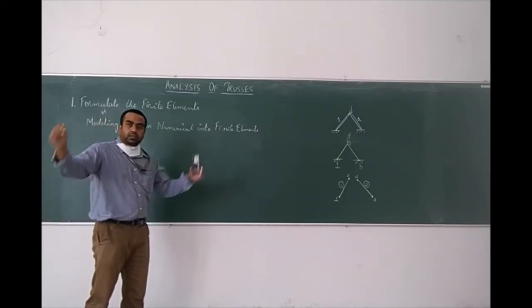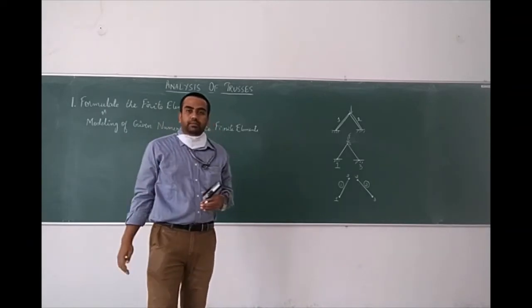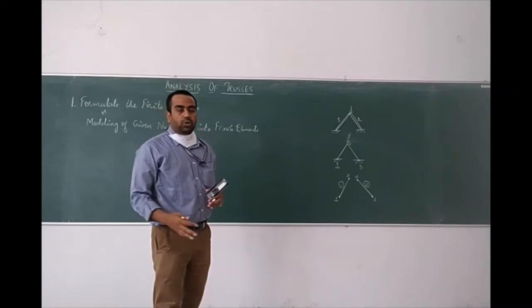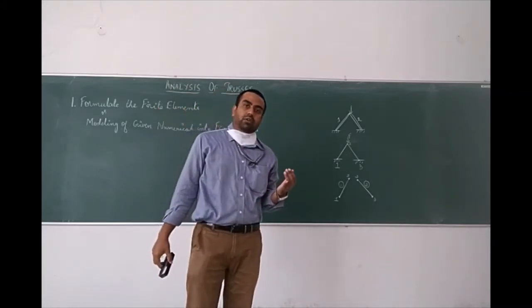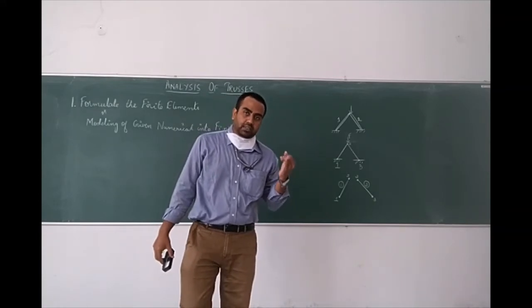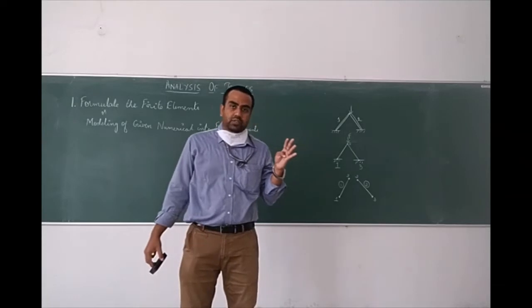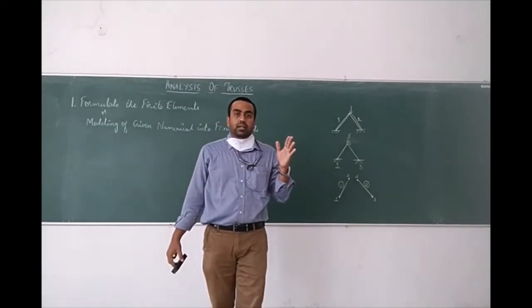Once we have done the finite element, next we need to calculate the element stiffness matrix. As I told you, no matter what the problems are, it can be on bars, it can be on trusses, it can be on beams, it can be on shafts, even problems related to thermal conditions.